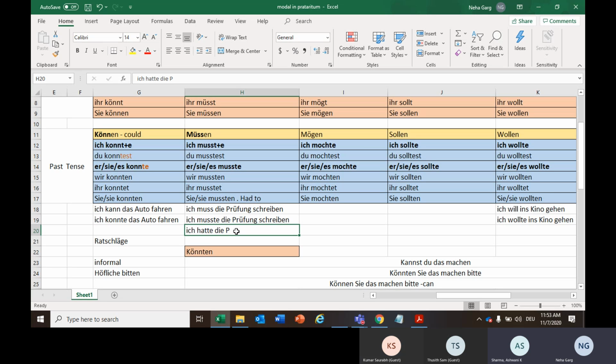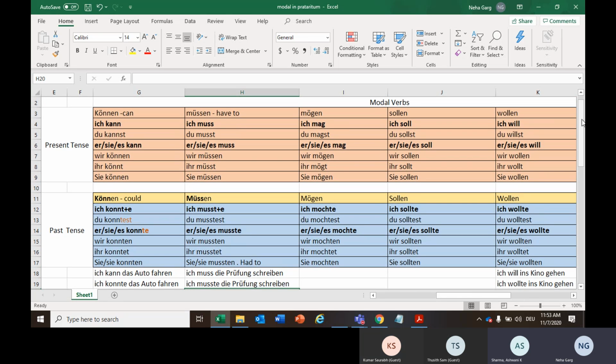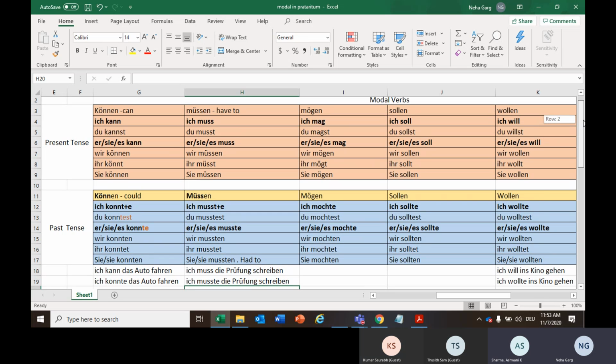I have had written the exam. Here we have used have or had, so that's why it will be changed, because it depends on which sense you are using have in. The influence is on must or have to. So that differentiates.